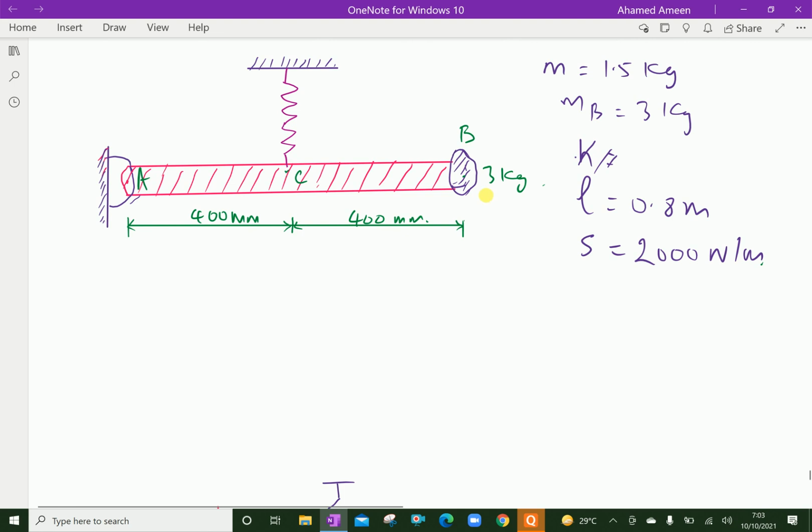IA, the moment of inertia about point A, is Ig plus mh square.